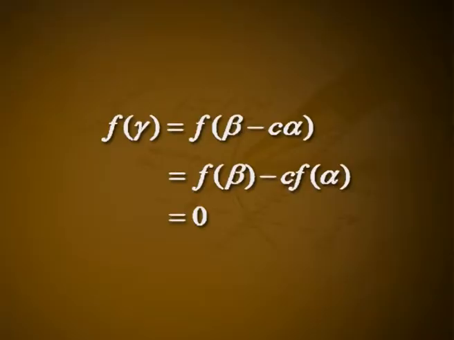Then the vector gamma equal to beta minus c alpha is in N f, since f of gamma equal to f of beta minus c alpha equal to f of beta minus c f of alpha equal to 0.